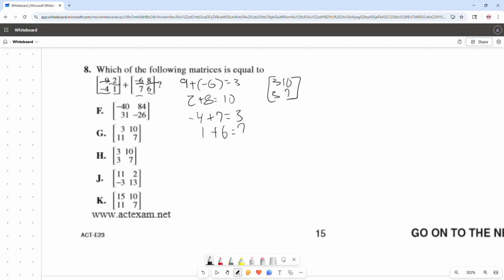So you have 3, 10, 3, 7. So your answer is H. And the fractional matrices is the same. You can also, I'm pretty sure, use decimals in your calculator. But it's much easier to do it in your head. Just go 9 plus -6 and etc.